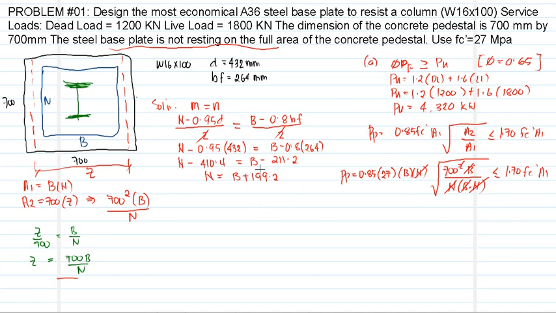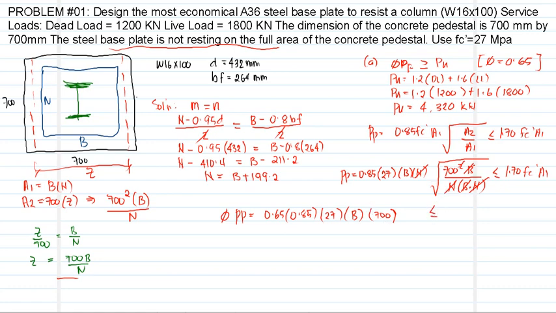So, our PP now is equal to, let's put our phi here. Phi PP is equal to 0.65, 0.85, 27, our B times 700.